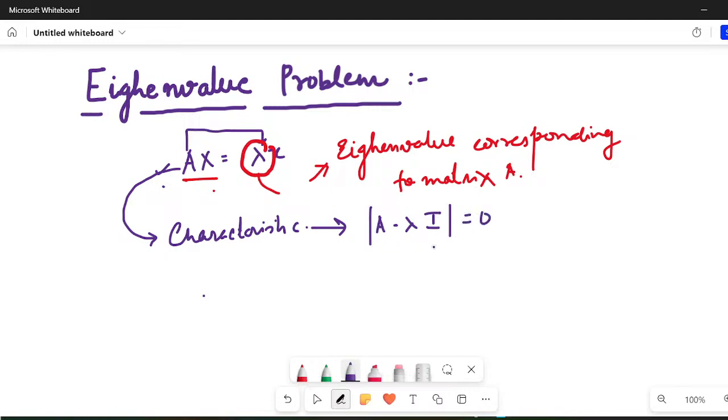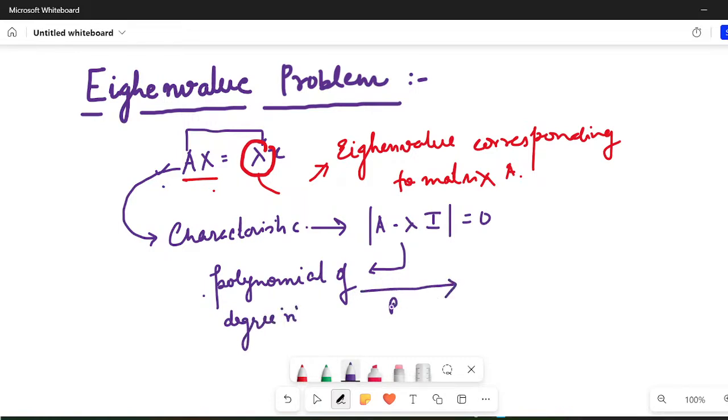Once we determine this, we get a polynomial of degree n. By solving it, we get the roots, and those roots are nothing but the eigenvalues. So from these roots, we identify the eigenvalues of the matrix A.